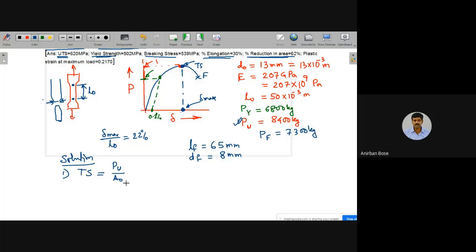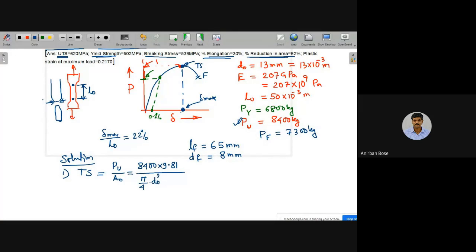Always remember, we calculate everything in the engineering stress-strain diagram in terms of the initial area. So what is Pu? Pu is 8400 multiplied by 9.81, then it will be in Newton, divided by A0. A0 is the initial area, which is circular, so pi by 4 into the initial diameter squared, D0 squared.